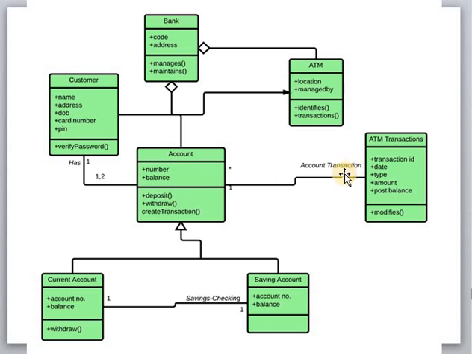So, in order to perform the transaction on a bank account of a customer, we can perform one transaction minimum, or maximum we can perform many transactions. The relationship between the account and the current account and saving account is the generalization relationship, where the account is a parent class and current account and saving account are the child derived classes.